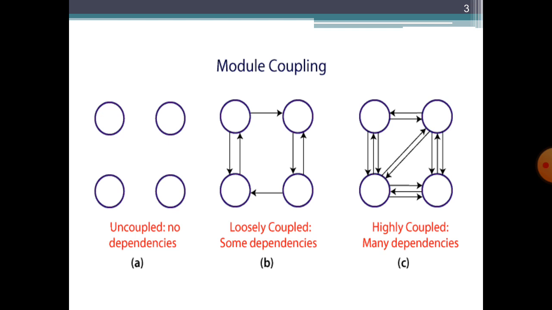So figure A represents a good design, and figure C represents a bad design, because in figure C the number of calls between these four modules increases, and the amount of shared data between the modules is also large. That's why figure C represents a design with high coupling, which ultimately leads to more errors.